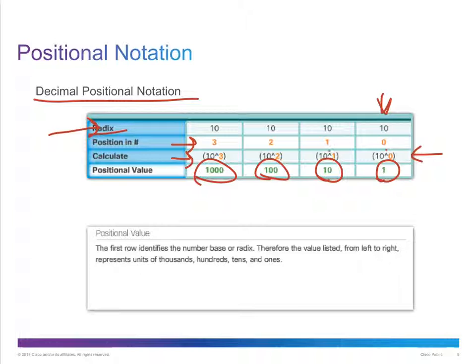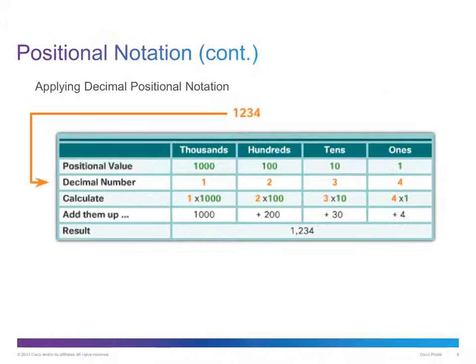Position 0, 1, 2, 3, and that's where those powers come from. Okay, a little explanation here. So, system, we can figure out a number based on that. Okay, we have one group of 1,000, two groups of 100, three groups of 10, and 4 groups of ones, 1,234.